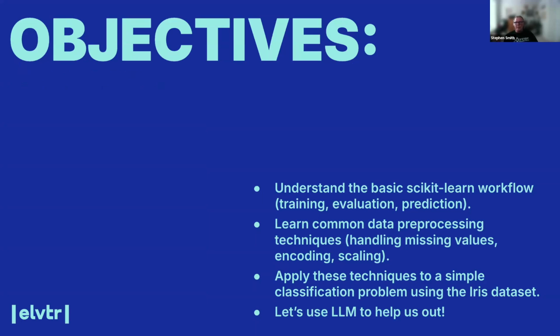We'll talk about handling missing values with imputing, encoding and scaling, why that matters, and apply these techniques to a really super simple problem. Scikit-learn has a bunch of this stuff if you haven't discovered it already. As we go through the course, if you get stuck on something, that would probably be a good place to go and poke around and learn some more, since this is the framework we're using.